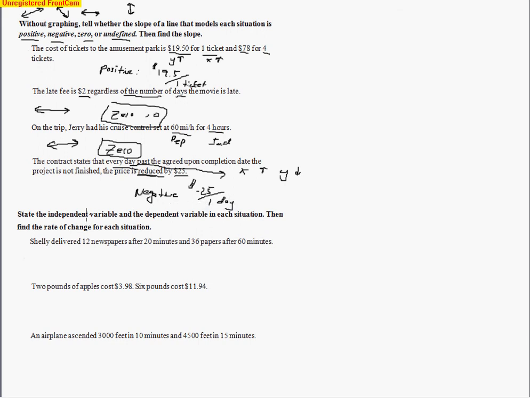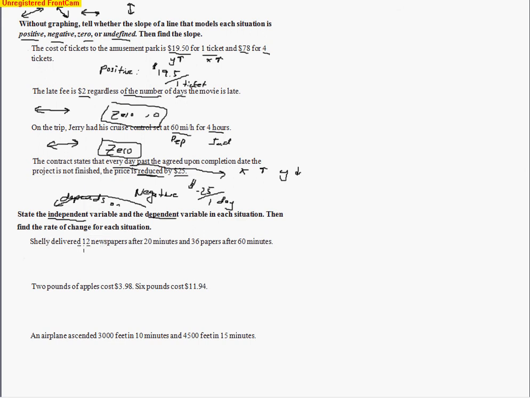So here we have to state the independent and the dependent variables. Independent means that it obviously is free to be any number of units, where dependent depends on the independent variable. And so when we look at it, we need to see which depends on the other.